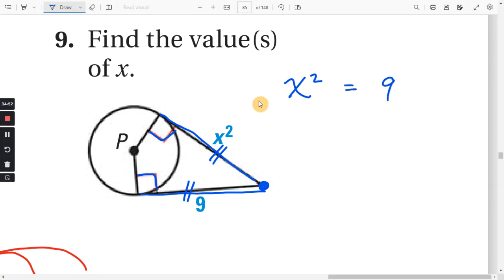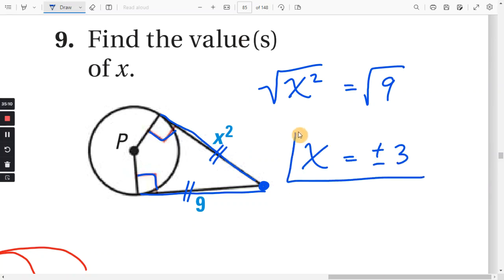And the opposite of squaring something is to take the square root. So you want to do square root of both sides. And X is going to equal plus or minus 3. Remember when you do the square root of both sides, you need plus or minus.